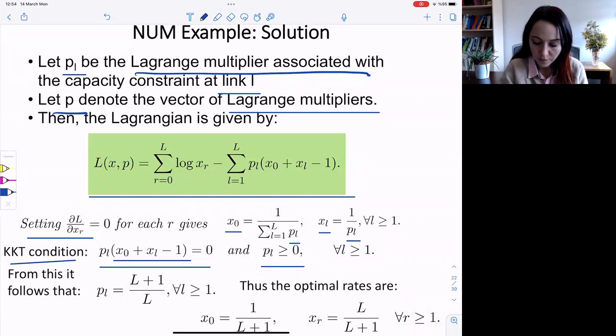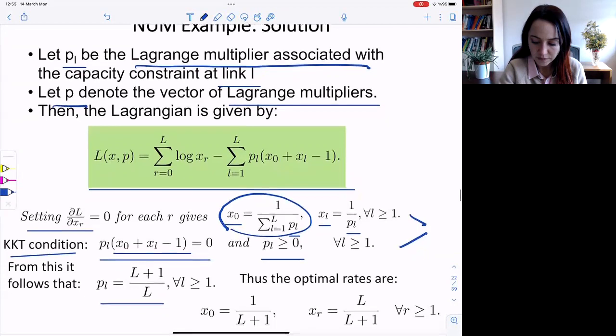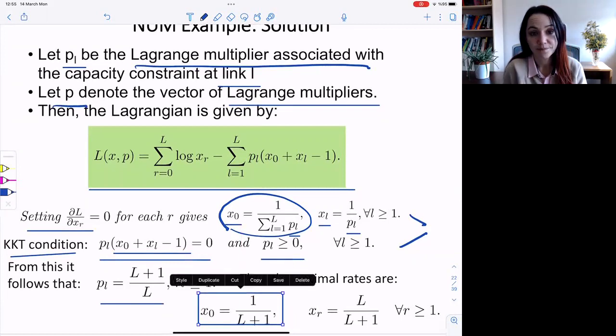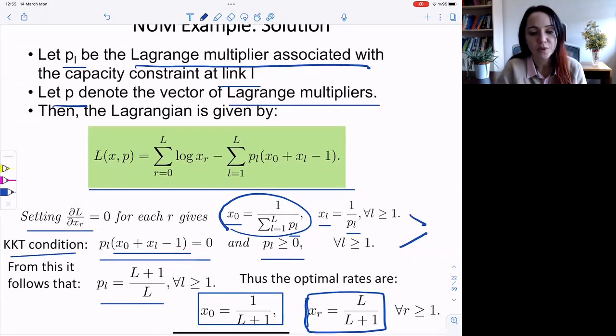Okay, by solving these equations together, we find that the Lagrange multipliers p_l are given by (L plus 1) over L. And substituting in here, we find that the rate of the long flow is 1 over (L plus 1). And the rate of each of the short flows is L over (L plus 1).